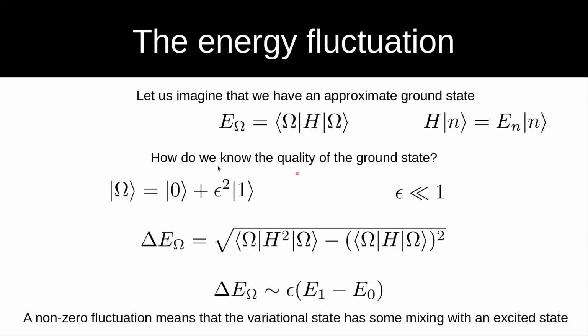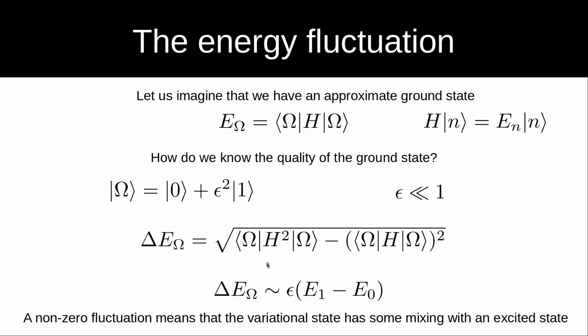A simple way of doing this is by assuming that omega is your ground state plus some small contribution from an excited state. If you are in this situation, a way of knowing how strong this contribution is is by computing the fluctuation of the energy.